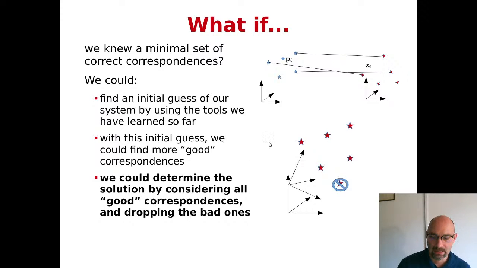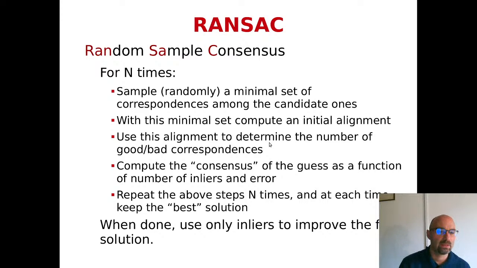Then the sad truth is that we do not have a way to select, among this potential set of correspondences, typically the good ones. We just have out of our system, be it an appearance-based system, or if we don't know anything, our set of correspondences consists of all possible correspondences in the set.